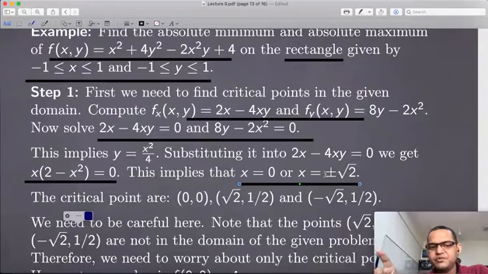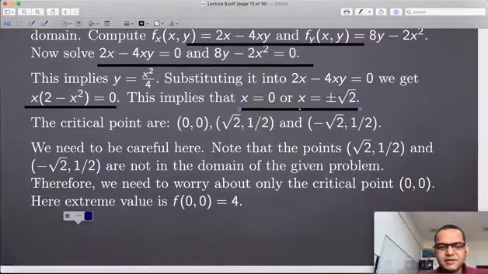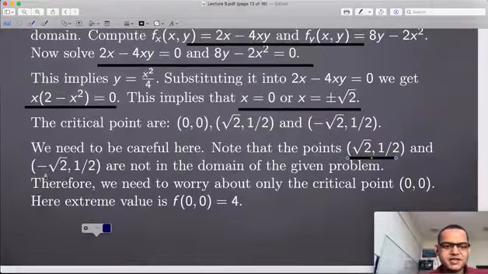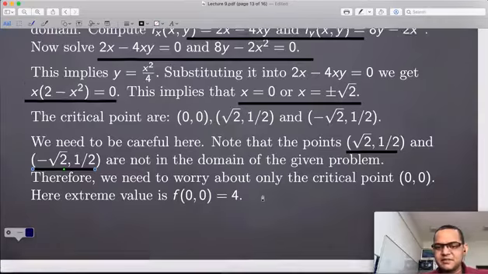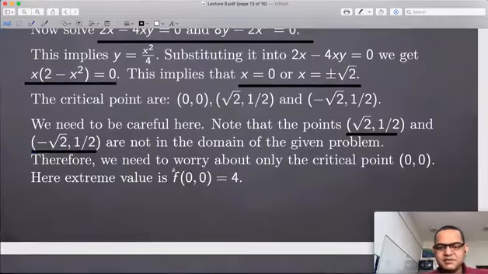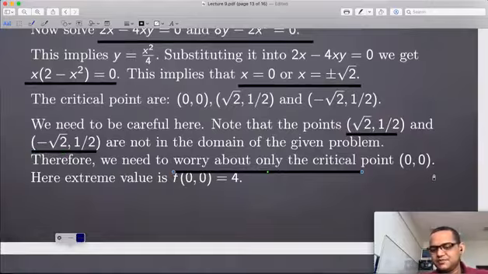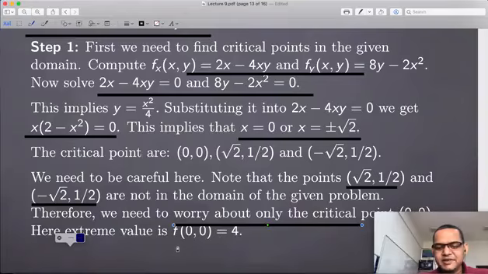This function is actually defined everywhere, but I am only interested in this part of the domain. So even though it has more critical points, we need to worry only about the critical points inside the domain that is given. So we will not consider the critical points corresponding to the square root of 2 values, and the minus. As I said, we will only worry about the critical point 0, 0. At the critical point 0, 0 the value is 4. So we put it.